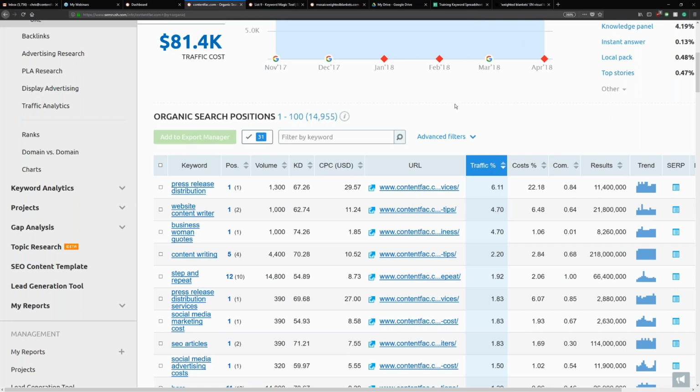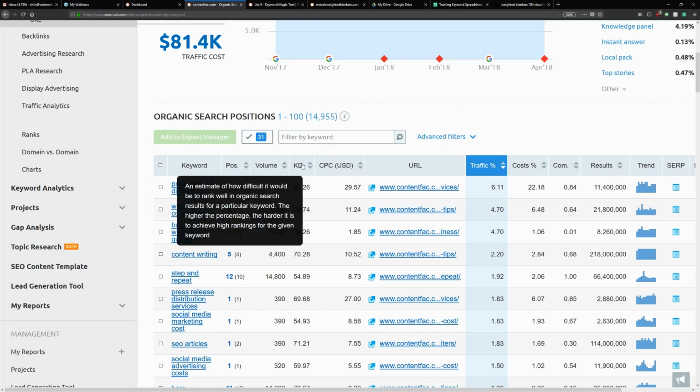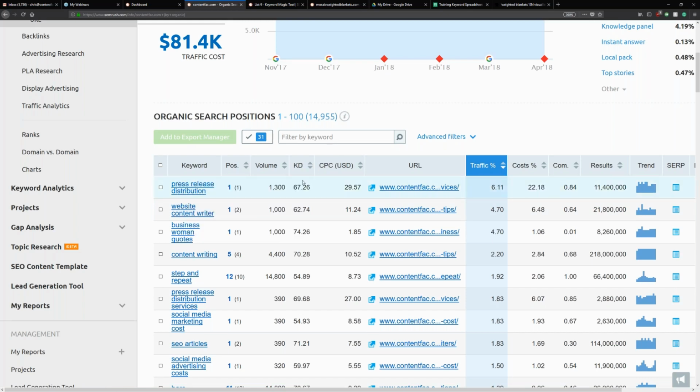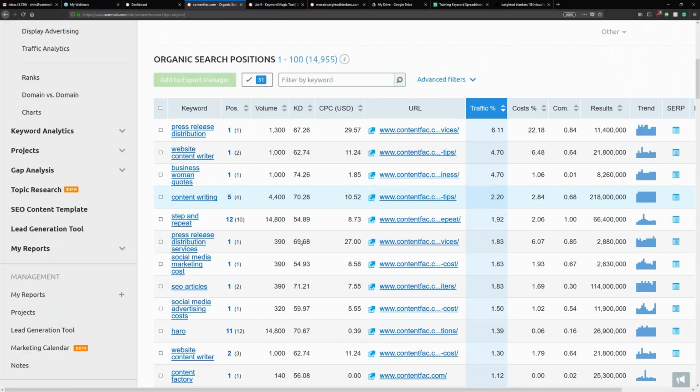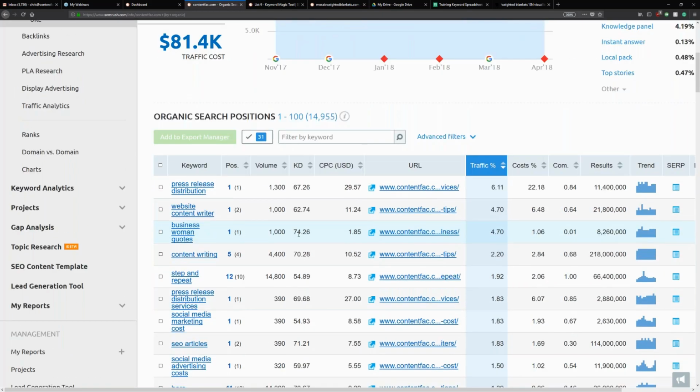SEMrush then provides this other score over here, which I believe it refers to as keyword density. This is more of a good factor for organic search. It's broken up much in the same way, where lower is going to be easier to rank for and higher is going to be more difficult to rank for.